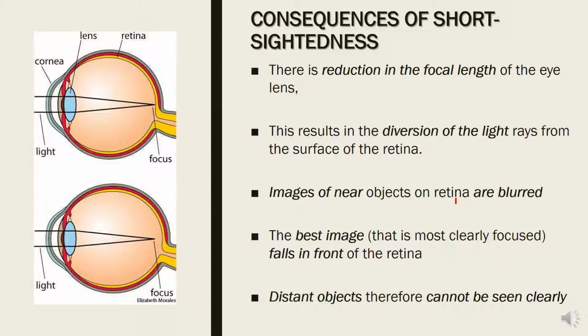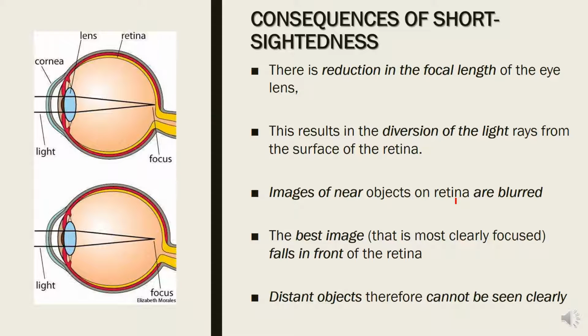It won't be able to become too flat, or, as we said, the eyeball is too long, and therefore the light rays will only travel and they will fall before the retina. So your point of focus, where the clear images are going to form for those distant objects, is going to be before the retina.